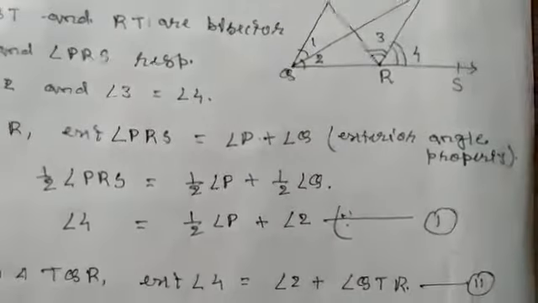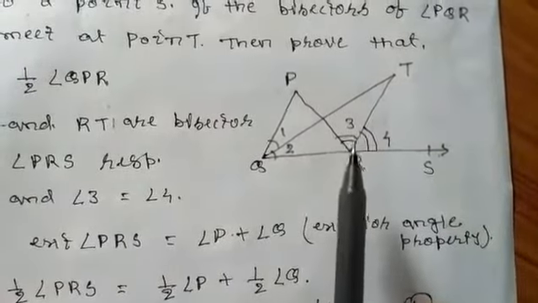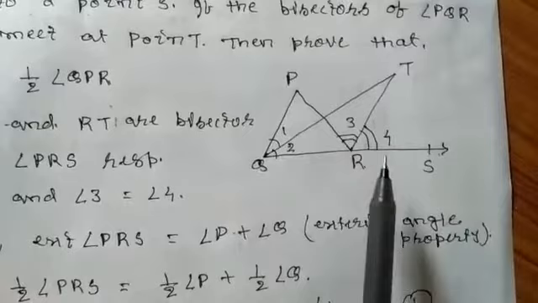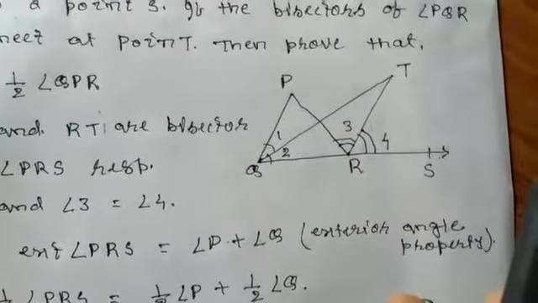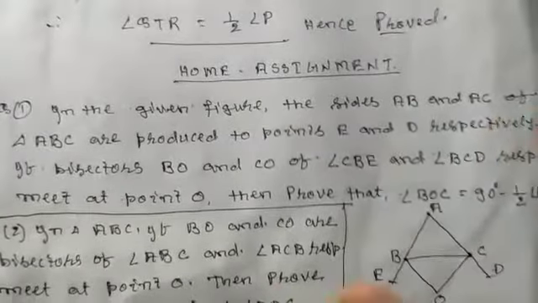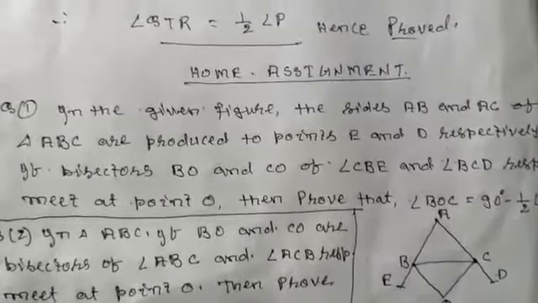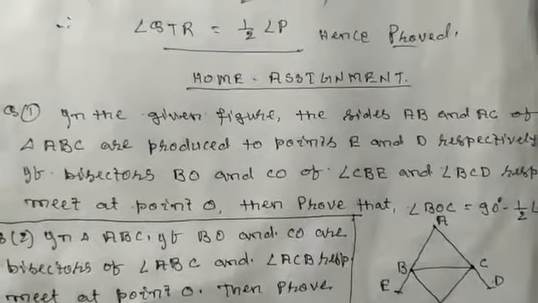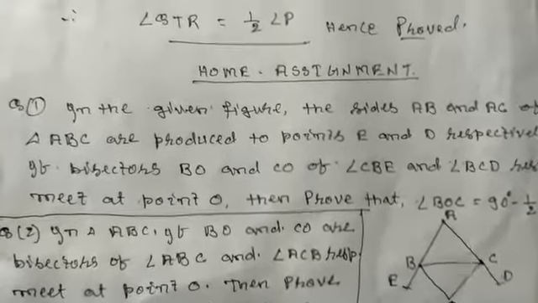So you have seen that this question has been proved by applying the exterior angle property of a triangle, which I have already proved in the theorem. Now students, in this way the chapter of lines and angles has been completed, and today I am giving you 2 questions as home assignment.